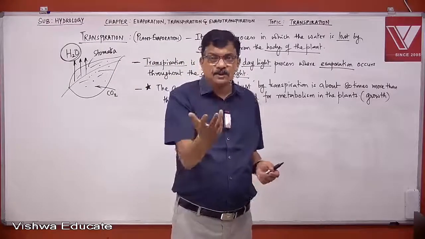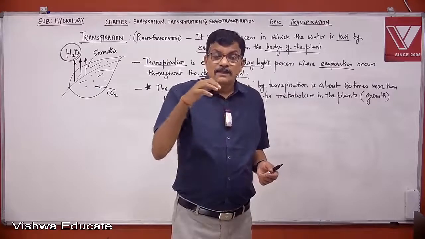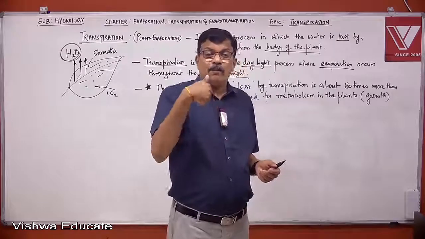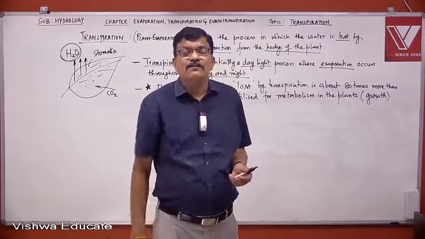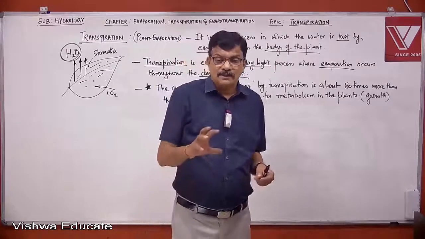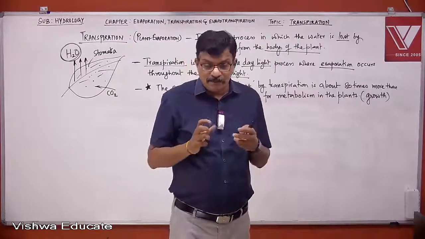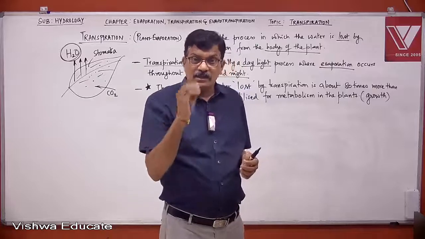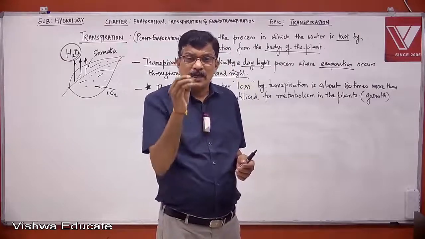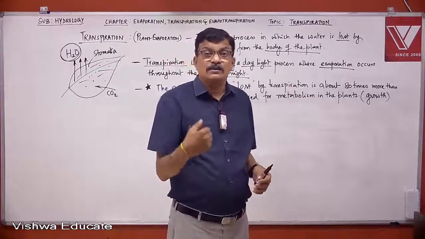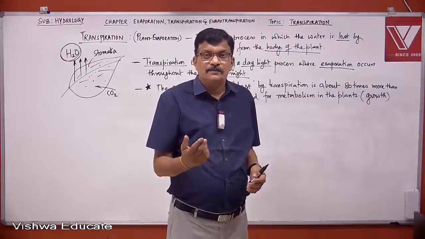The water comes out of the body of the plant and diffuses into the atmosphere. So from the irrigation perspective, the actual water consumed by the plant is hardly a small fraction of what you actually supply. Please note this point.